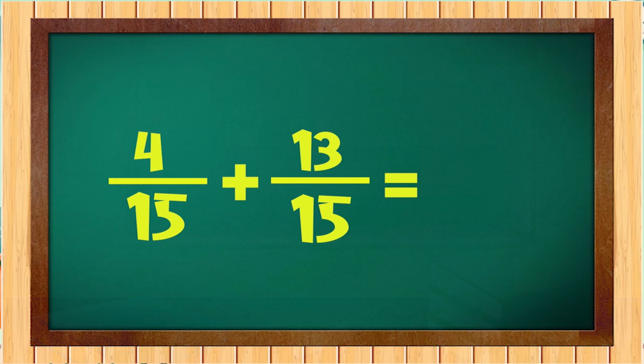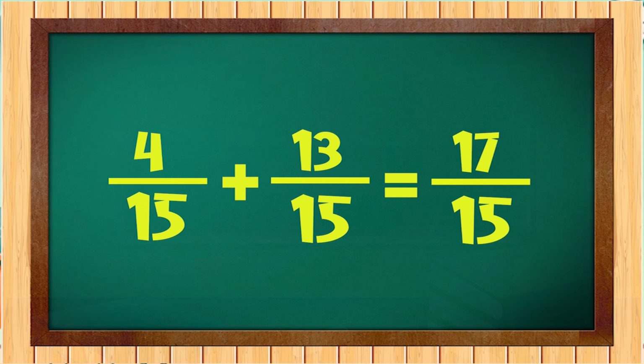4/15 plus 13/15. Are our denominators the same? Yes, they are. We never add the denominators. We only add the numerators. What are our numerators? 4 and 13. When 4 and 13 are combined, we get a total of 17.